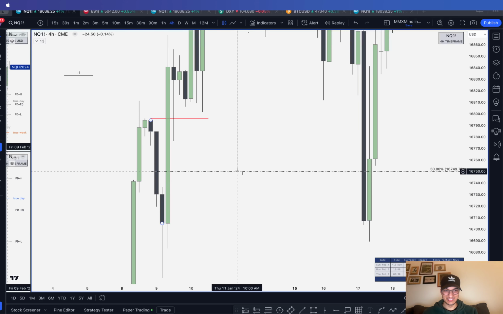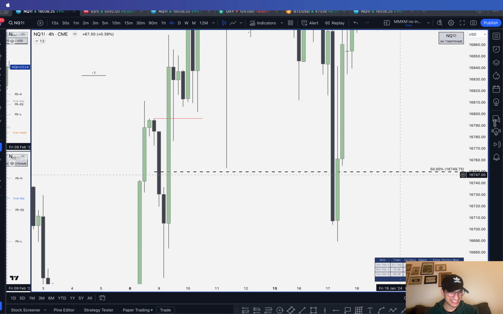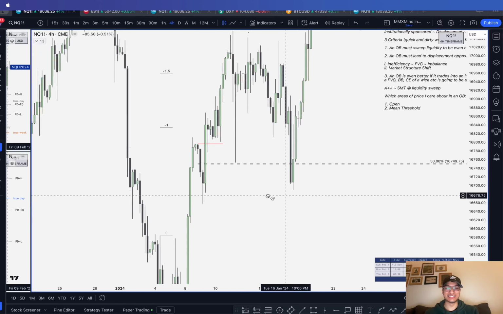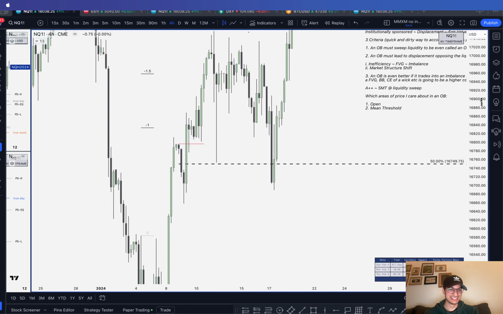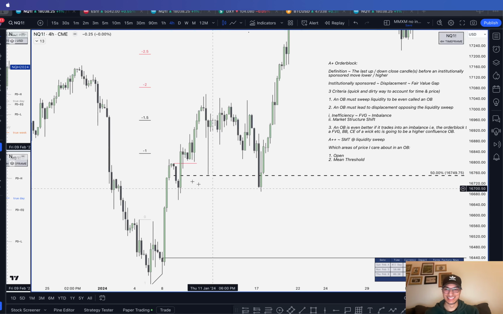What's that off by? 1 point? On a 4-hour chart, guys, this is off by 3 points on a 4-hour chart. But there is no algorithm, by the way. Okay, so the mean threshold, obviously, is it offering support? Yeah. Crazy, right? That's insane, right?